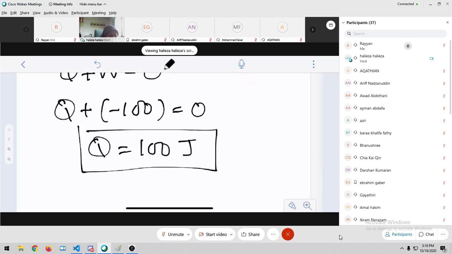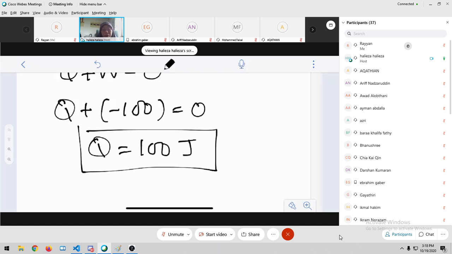So any questions? You guys know this part because this is in thermodynamics. You have done it in thermodynamics, so you should be very familiar with this kind of problem. This is just to recap the use of symbols, positive, negative. Even though you are using the old textbook, which is the 3rd edition, the answer is still the same, 100 joules.